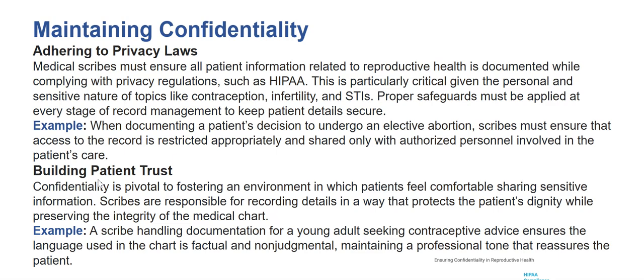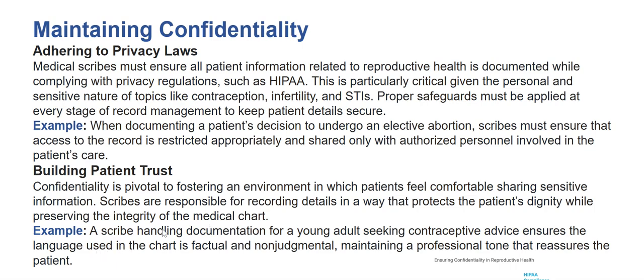Building patient trust. Confidentiality is pivotal to fostering an environment in which patients feel comfortable sharing sensitive information. Scribes are responsible for recording details in a way that protects the patient's dignity while preserving the integrity of the medical chart.